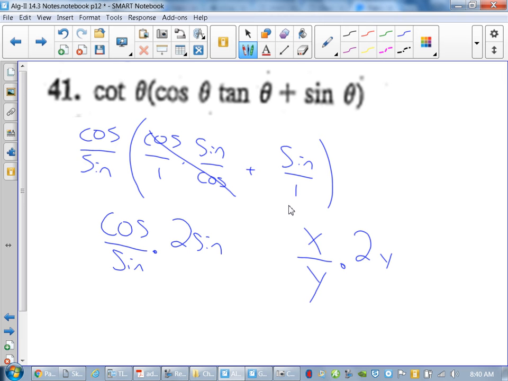The 2 doesn't go anywhere, just the y does. And you get 2 cosine. Does that make sense? If you crossed out the 2 and left the sine, that's because you were in the mindset of power rules. And this is not a power; it's a monomial.